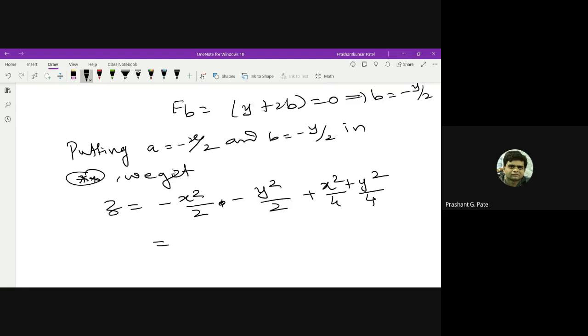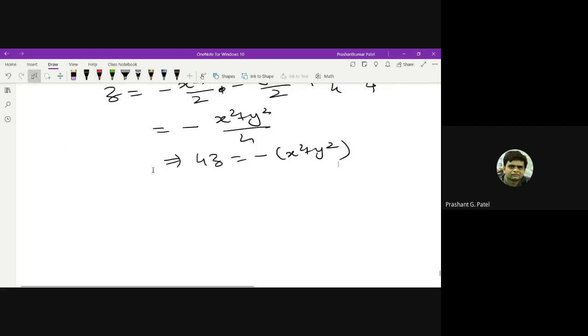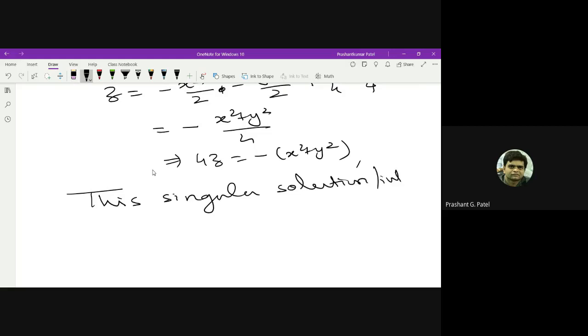So this will lead to minus (x² + y²)/4, because minus 1/2 plus 1/4 will give me minus 1/4, and hence 4z is equal to minus (x² + y²). This is the singular integral or singular solution of the given PDE.